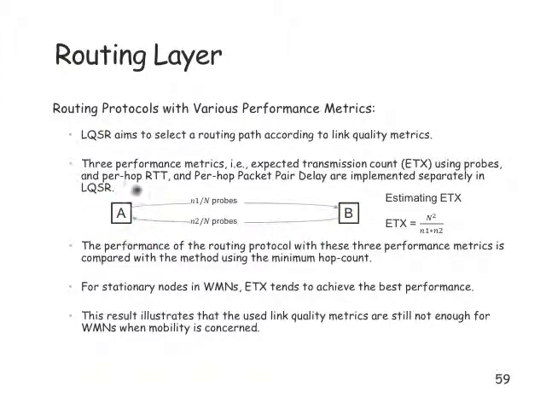A knows when it sent the probe and when it received it, so it subtracts one timestamp from the other and knows the round trip time. That's easy. But is the round trip time the best way to calculate the link quality? It turns out no.